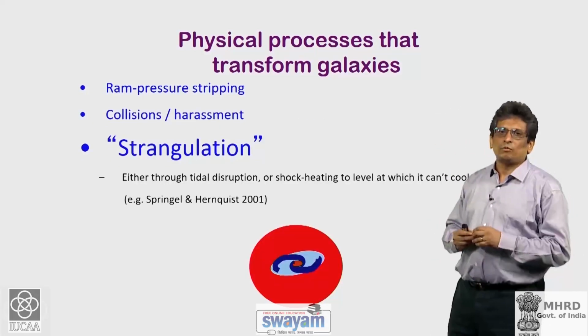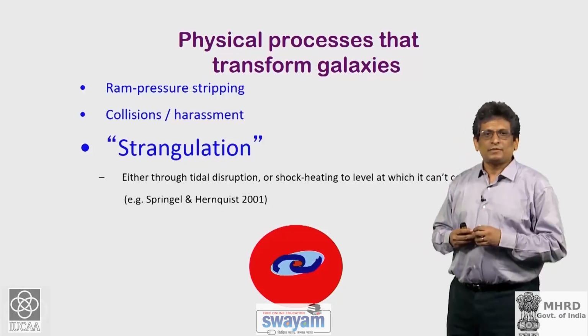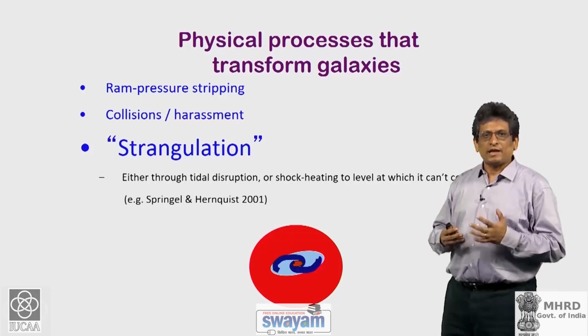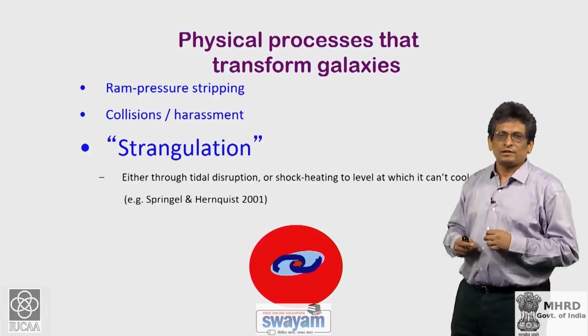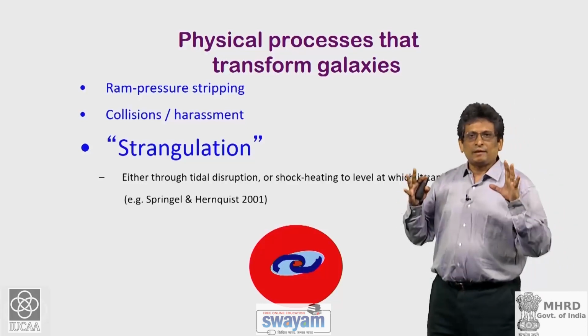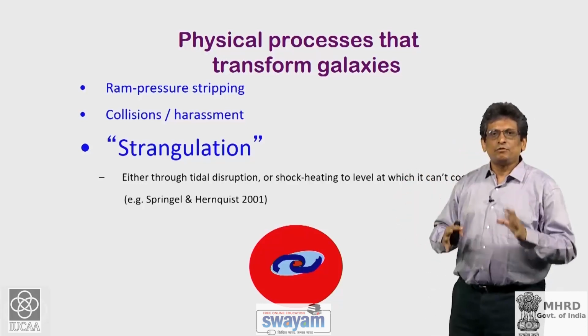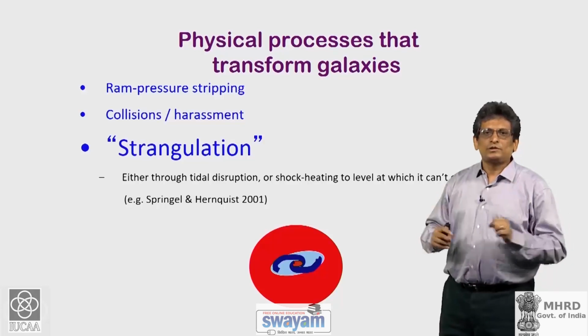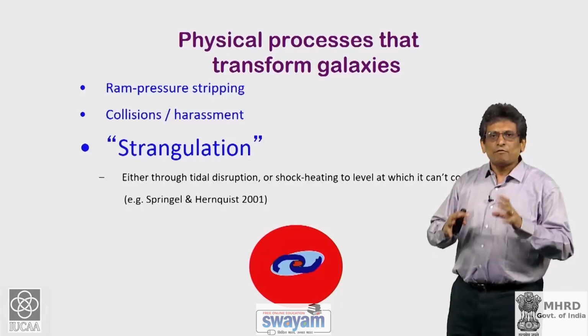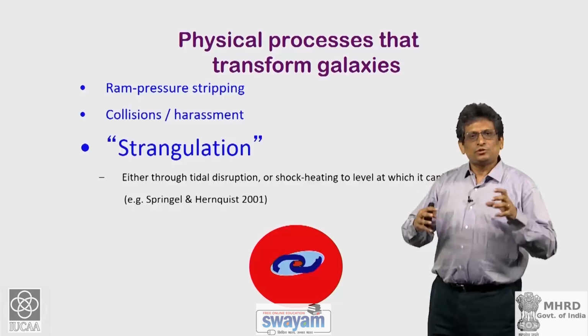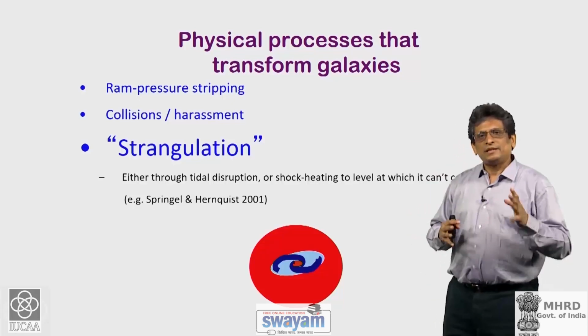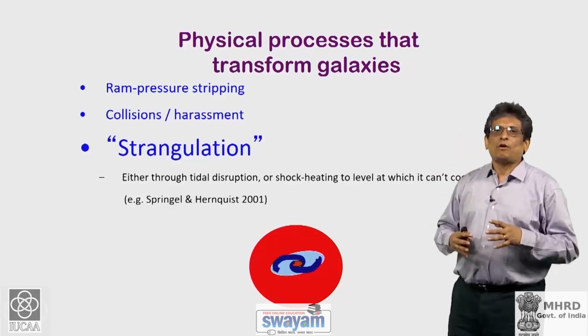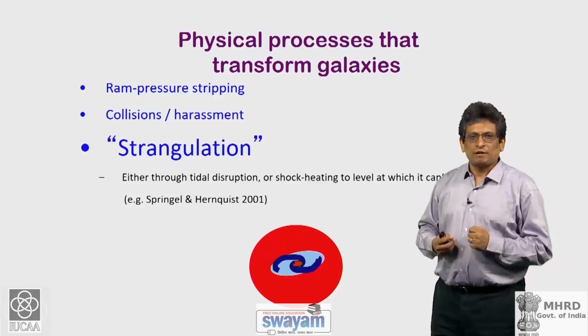And the third one is also a term that sounds very anthropomorphic, and that is strangulation, which means that the galaxies in a group or a cluster can cause the star formation in a galaxy to be strangulated, in this particular case by getting rid of, again, the source of the star formation.